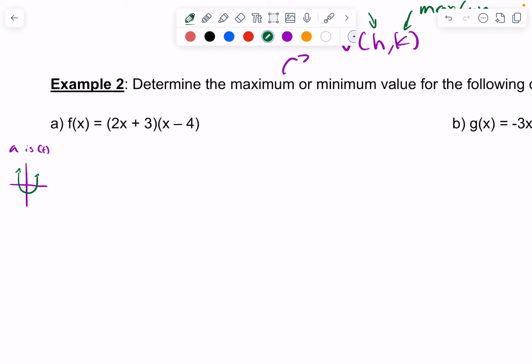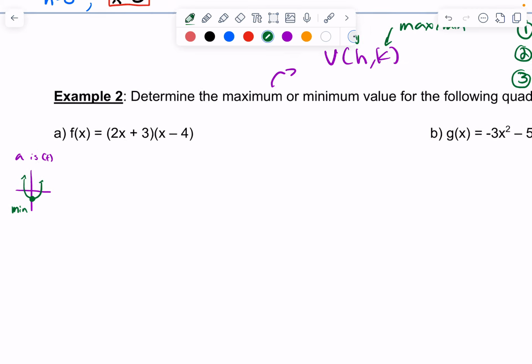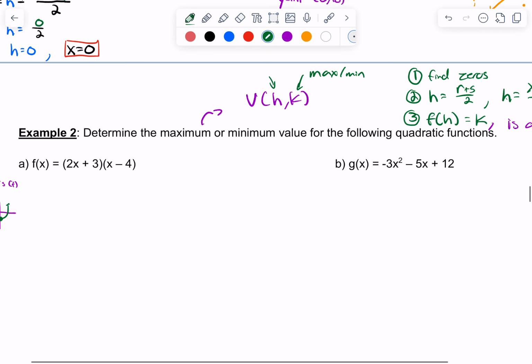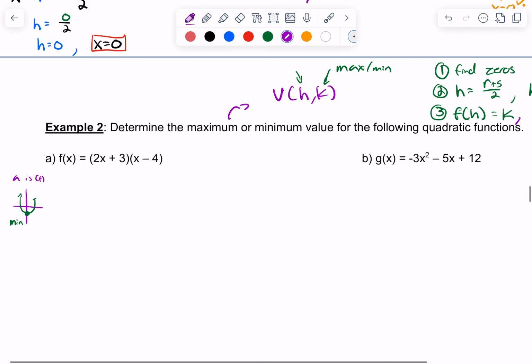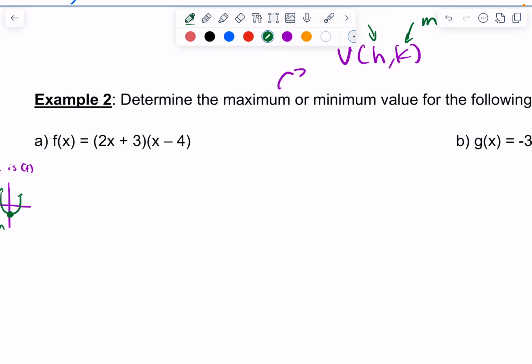And when we go through our steps here, we are eventually going to find a minimum, okay? But let's go through our steps. First thing we need to do is find our zeros. So step 1, find the zeros.